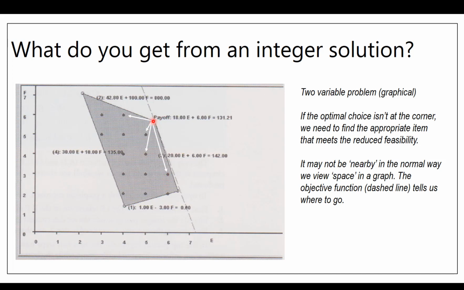So the solution up here is something like 5.8 and 5.4. To round that off, we might say let's go to 6 and 5, but you can see that if you round this up, this number is very close to 6 but not 6. If you round that up to 6, well, that's infeasible. And so that's why rounding is always a problem.